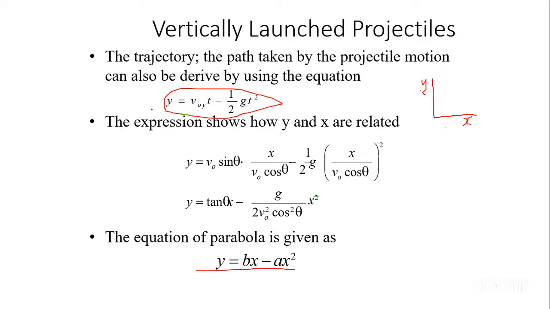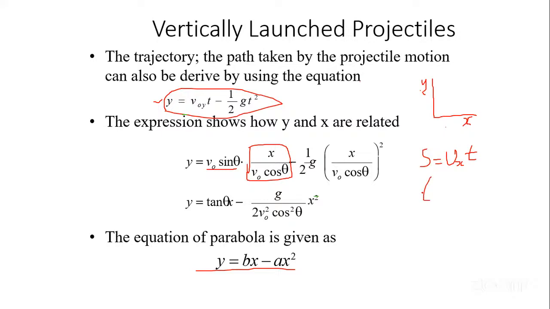So if we use this equation and substitute in the parameters, v, initial velocity, is this, our time is this. From this, s is equal to u of x t.